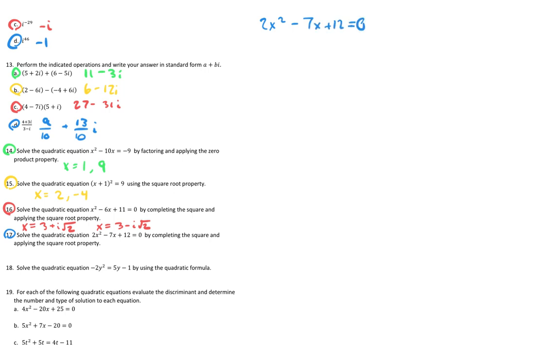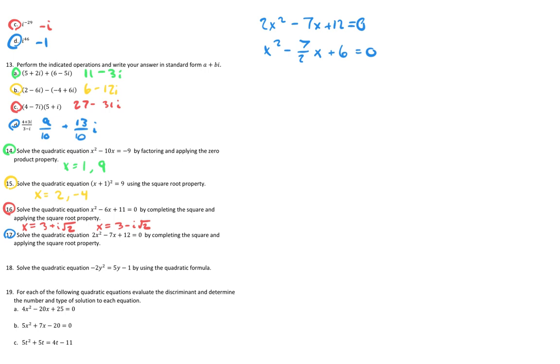I'm going to start by dividing everything by 2, that way my a value, or my coefficient in front of x squared, is 1. So if I divide everything by 2, x squared minus 7 halves x plus 6 equals 0. Now I'm going to take this 7 halves, divide it by 2, and then square it.